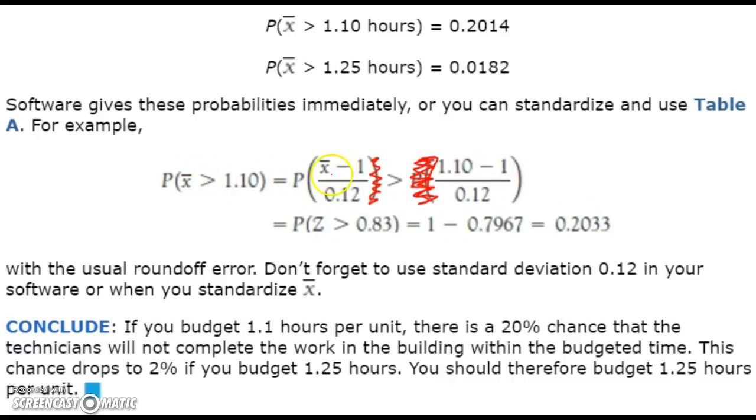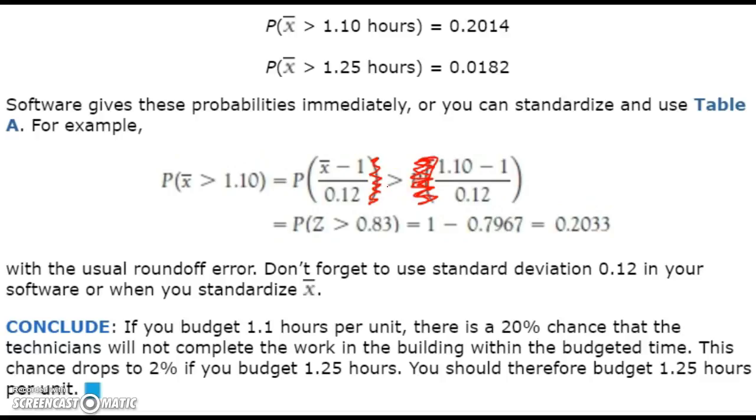So we subtract 1 from both sides: x bar minus 1, 1.10 minus 1, and then we divide both sides by the standard deviation of the sample means, that 0.12. Notice that is a positive number, so we don't change the direction of our sign.